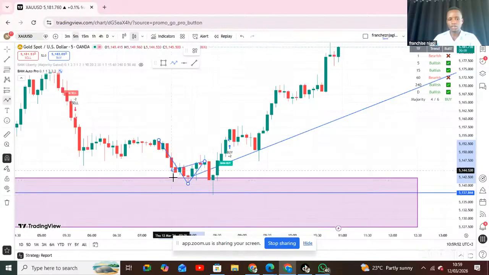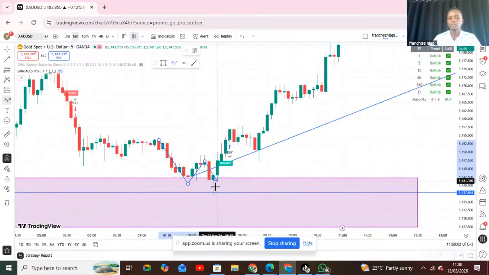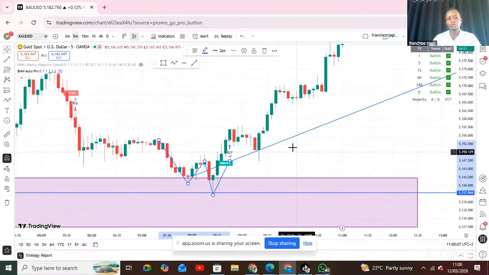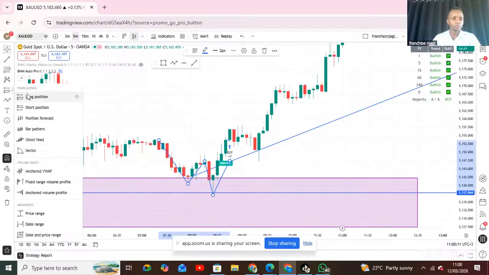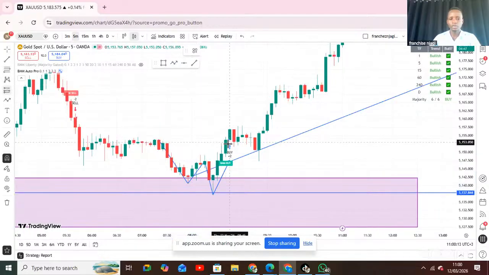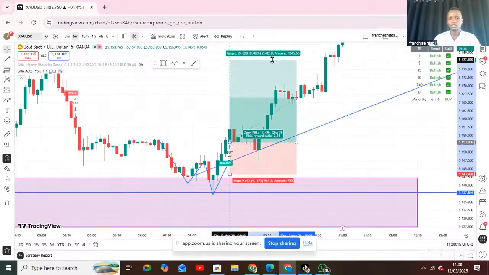Remember, there are those aggressive people who will enter early as soon as it gets to your major zone. So wait until they are swept, and then the scanner will give you a buy position. Here will be the buy position. Just enter with that.